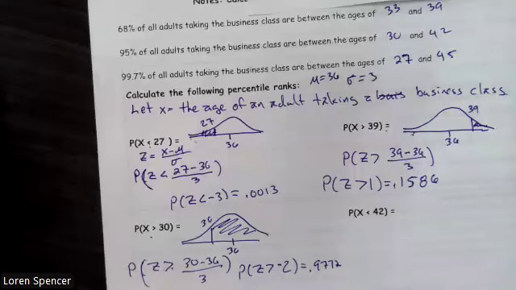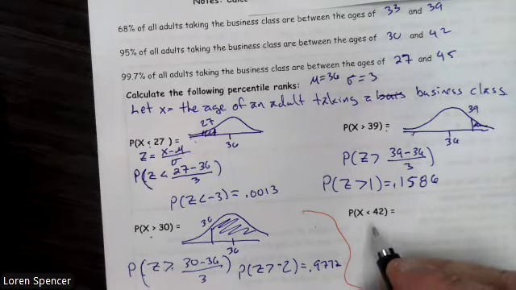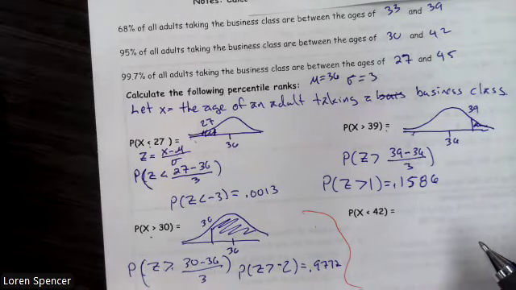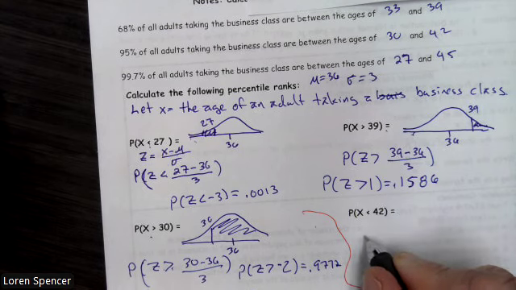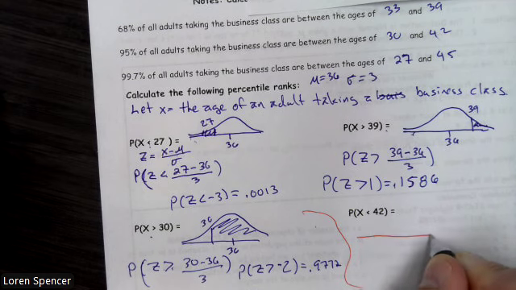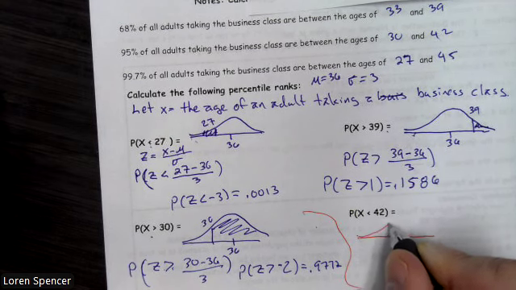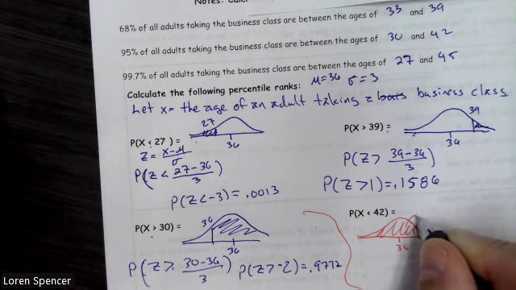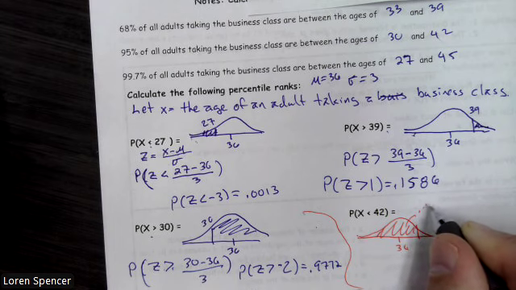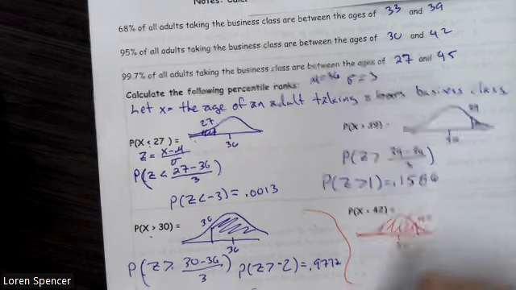All right, the next one. Probability that X is less than 42. Wow, that's going to be a really small number. Oh, no, it's not. It's going to be a really big number. It's a less than 42. So we're above the mean. So we're up here. And this is 42.